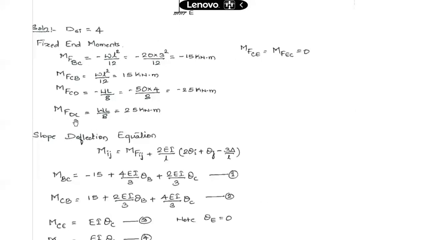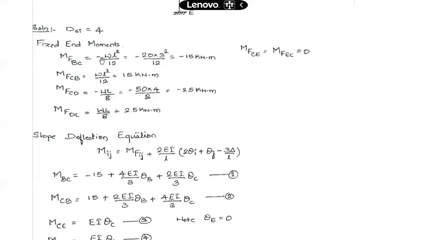Similarly, at joint D in member DC, it will be plus WL by 8. The magnitude remains the same, only the sign changes, because the fixed end moment developed at joint D will be in clockwise direction. So we take the positive sign, plus 25 kilonewton meter.